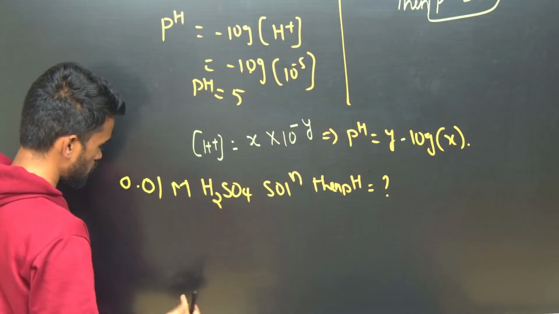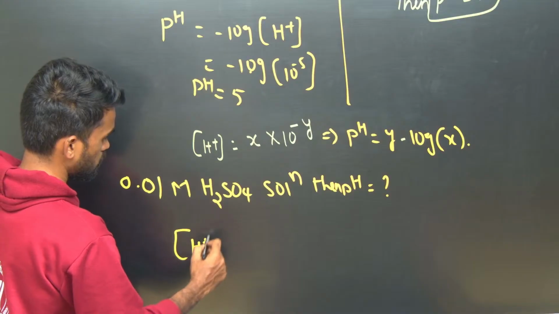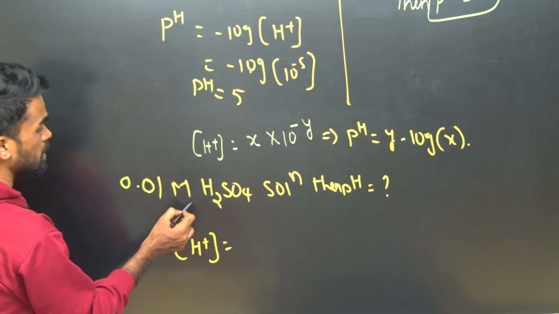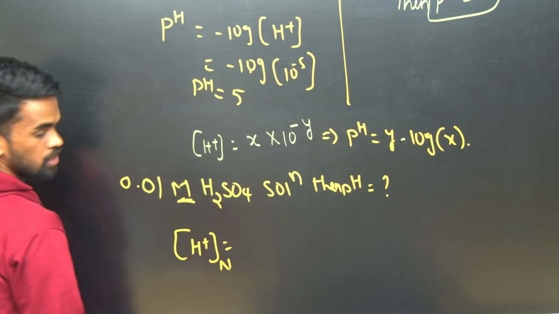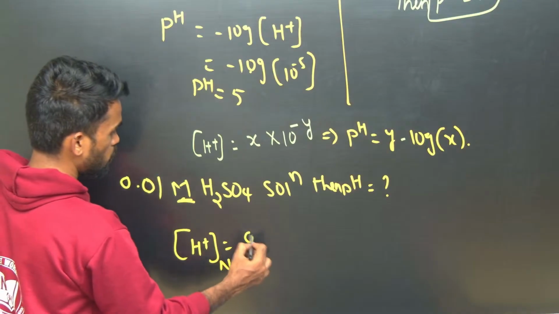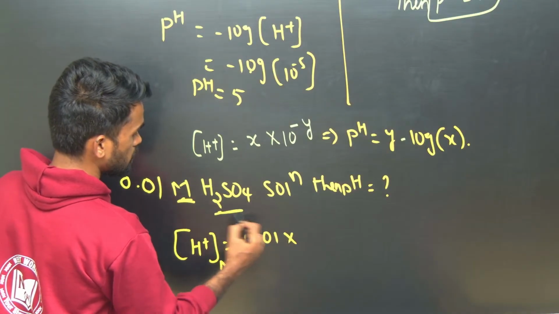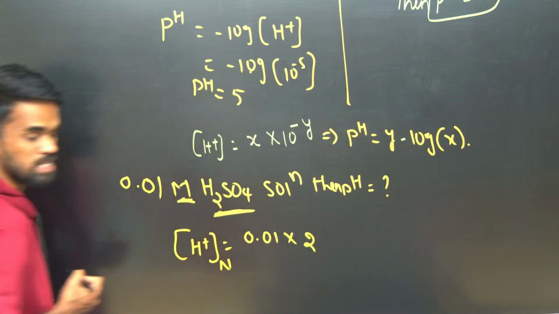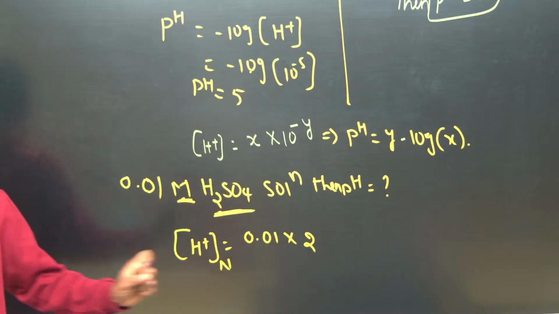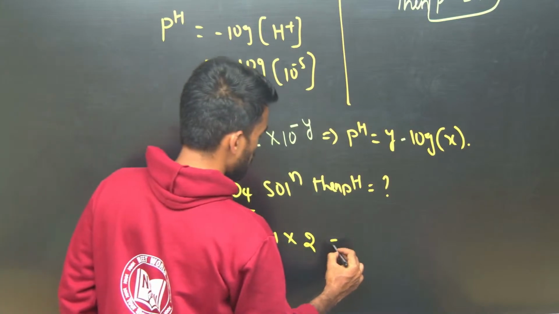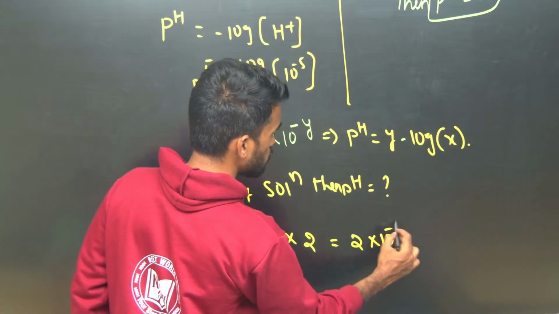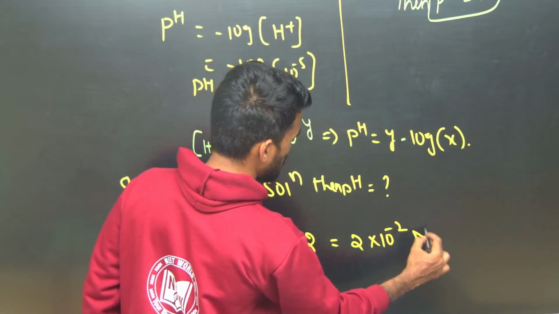What is the concentration here? 10 to the power minus 2. You should take it in molarity, but we need it in normalities. So 0.01 into 2, because the number of H plus ions released is 2. So you can write 2 into 10 power minus 2. This will be the normality now.